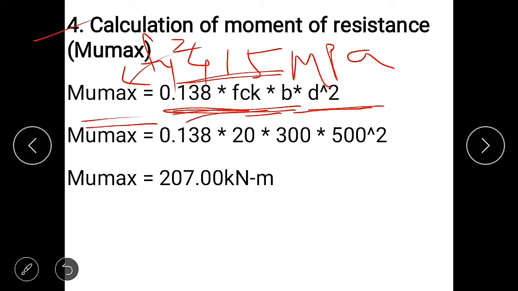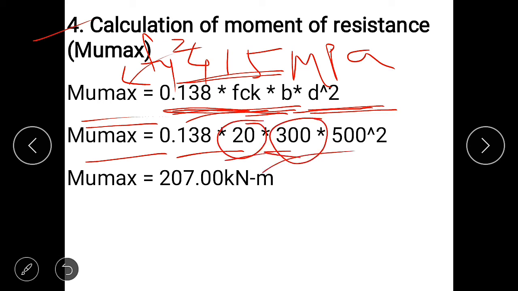So Mu max equals 0.138, FCK is 20, B is 300 mm and d is 500 mm. Calculating, Mu is 207 kilonewton meter, or 207 into 10 to the power 6 Newton mm.